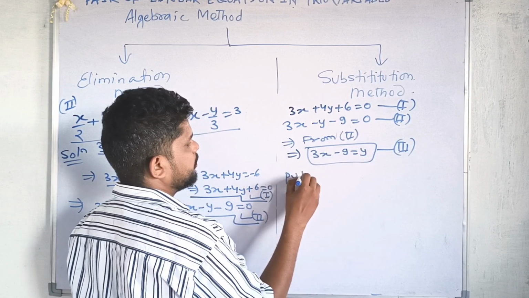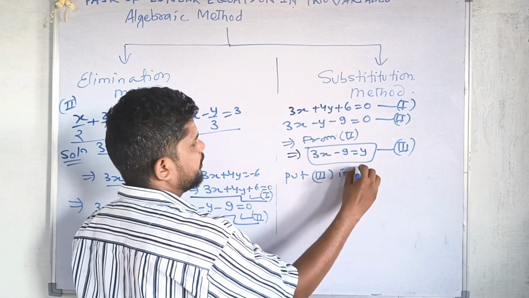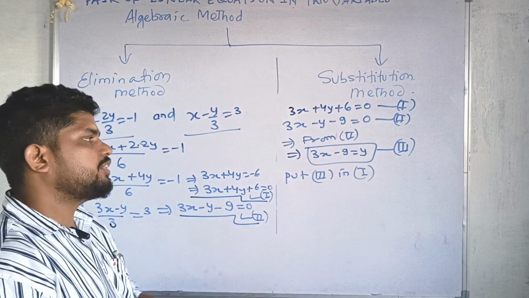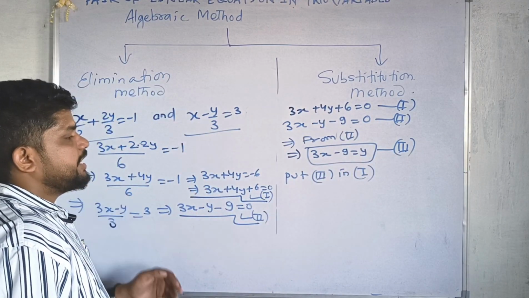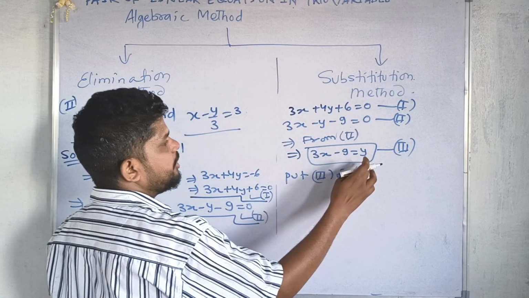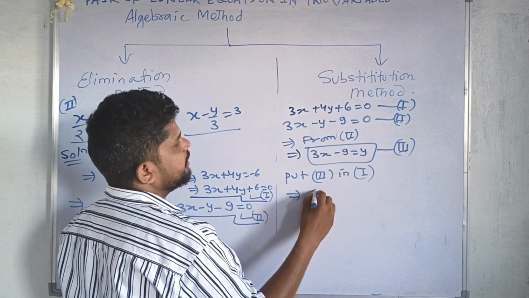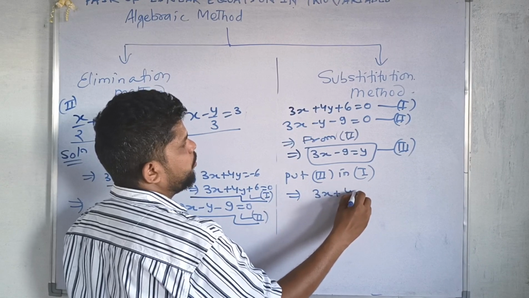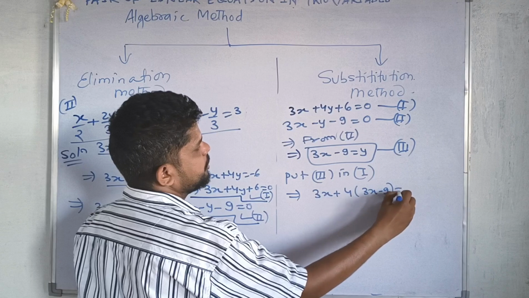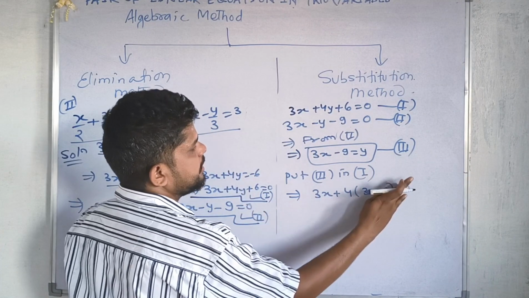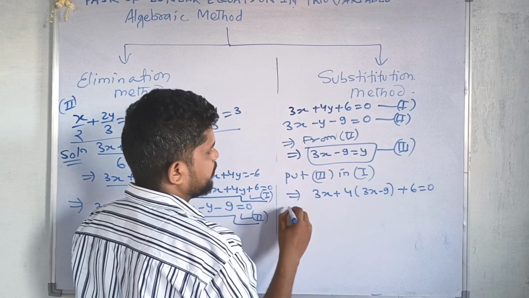Now put the value of 3rd in 1. Since the value of 3rd we have taken from equation number 2, it is easy to put the value of 3rd in equation number 1. So putting 3rd in 1, we will get 3x plus 4 into the value of y, 3x minus 9, plus 6 is equal to 0.